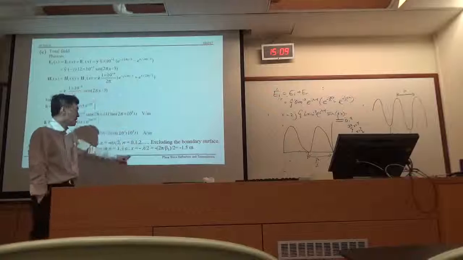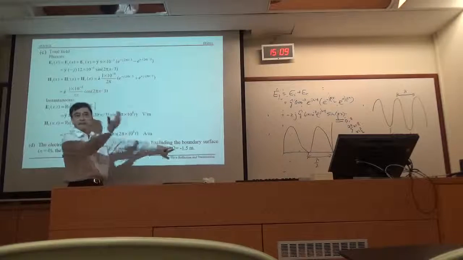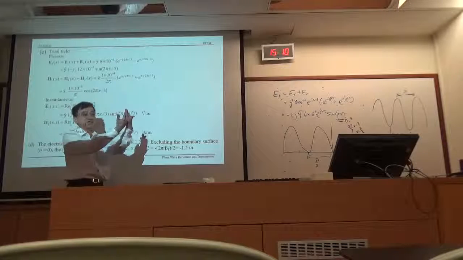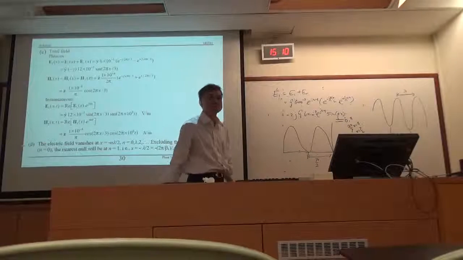So this one no problem. Lambda by 2 is minus 1.5 meter. Why minus? Because it is counted backwards. Z is equal to 0 and backward is minus 1.5. But the question is why like this?